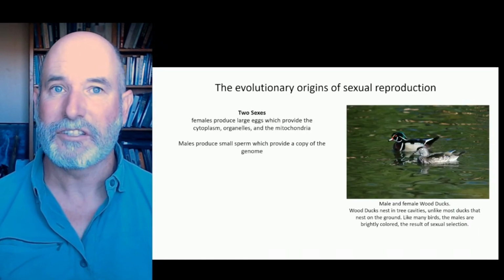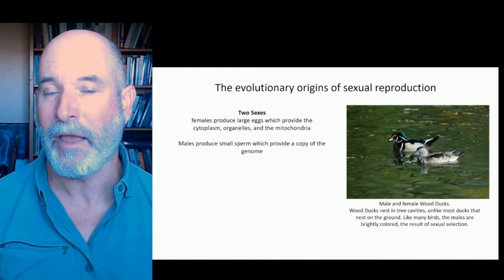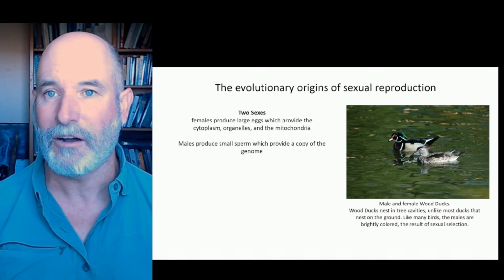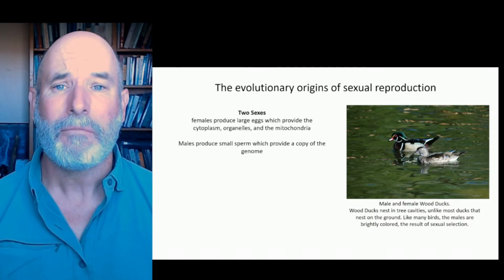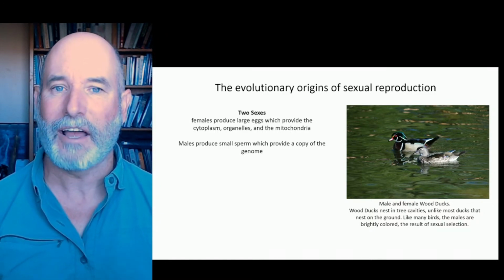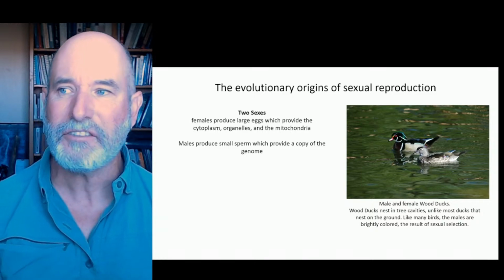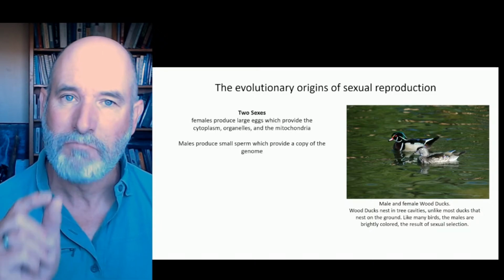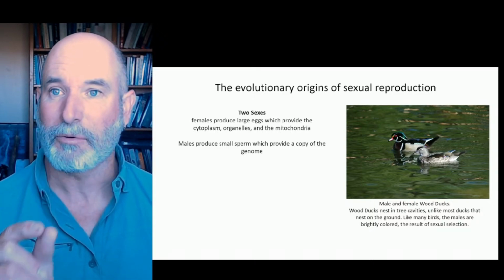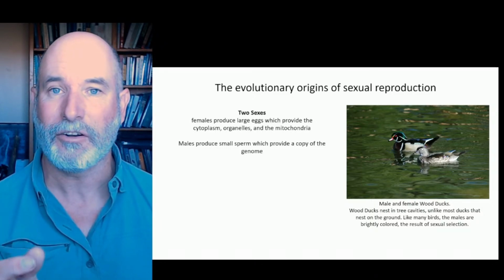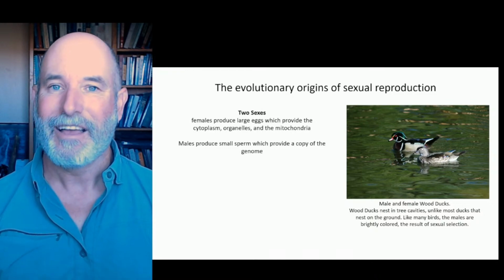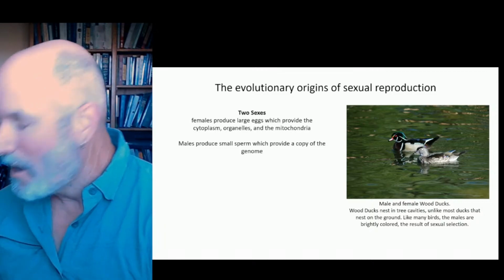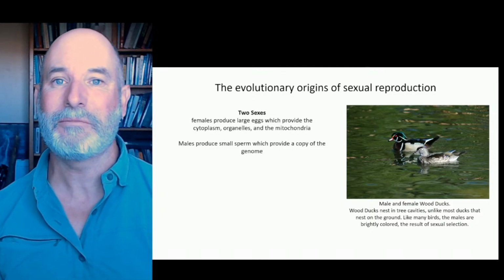So of course, this leads to two sexes, male and female. And across the animal kingdom and with plants as well, fungus are weird. But basically, we've got two sexes that you can basically tell because the male has the much smaller male gamete, the sperm, which is basically just a genetic donor, and then the female has a large egg that has all the cytoplasm and organelles, including the mitochondria.